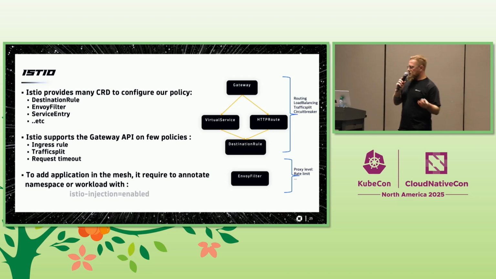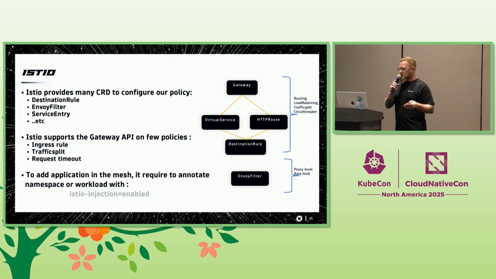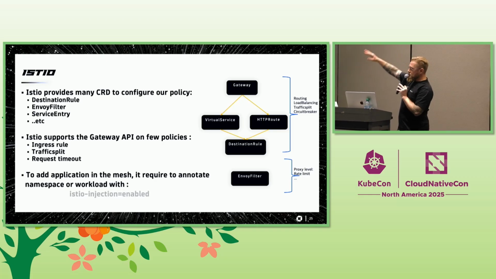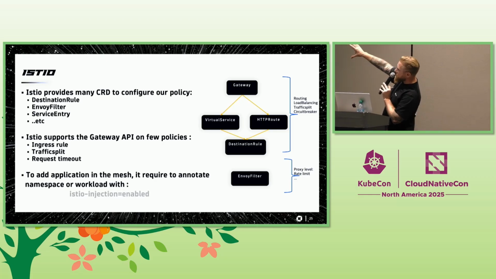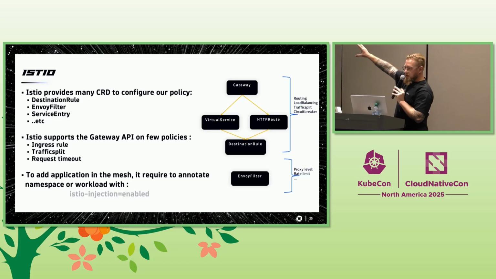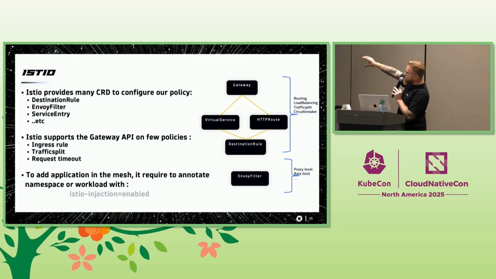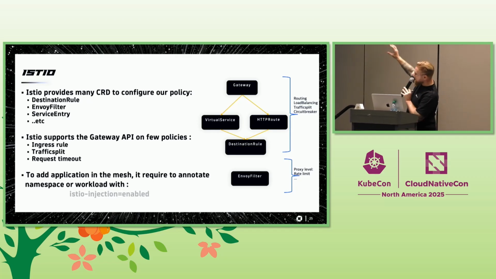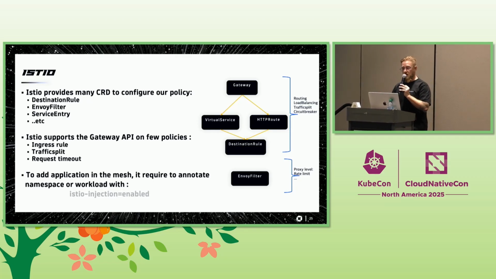Now, if you look at Istio, and you see that Ambient is going to be similar, you have a lot of CRDs in Istio, but we just forget about virtual services because we're going to mainly use HTTPRoute and GRPCRoute, and we will still need to use destination rules for circuit breaker policies, and envoy filter because it's on the envoy, we want to put some rate limiting conditions.